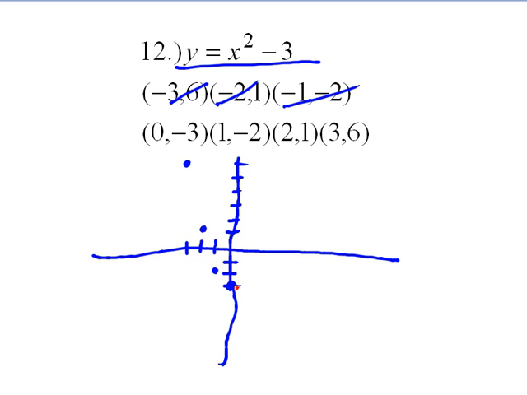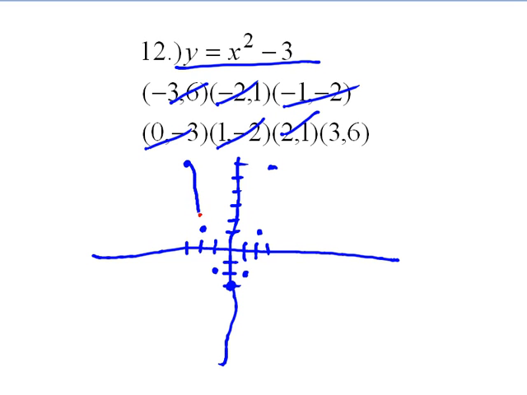It's right there. 1, negative 2: 1 in the x direction, and y is negative 2. 2, 1, 1, 2, 1, and 3, 6. There's 3, and here's 6. So look at that.